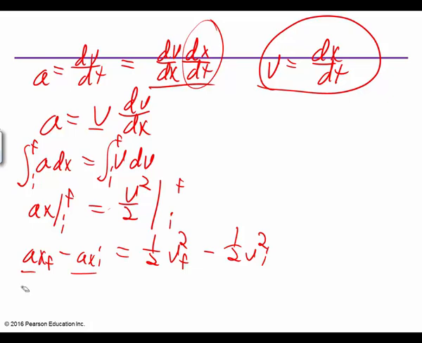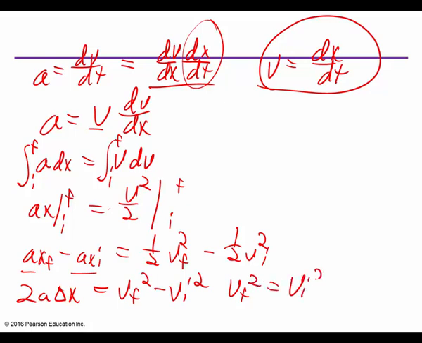We wind up with 2a delta x, because x final minus x initial, is equal to v final squared minus v initial squared. Or we can say this, v final squared is equal to, if we add v initial squared to both sides, v initial squared plus 2a delta x.